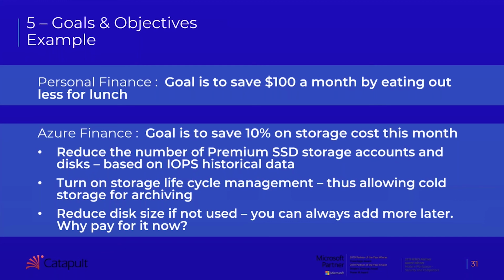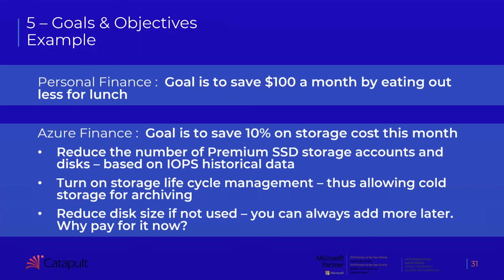And also, reduce disk size if not used, right? That's the thing though. It's like, hey, we think we need 2 terabytes. Great, 2 terabytes maybe a year or 2 from now. Why would you allocate 2 terabytes now if your database size is only 300 or 400 gig? So the goal is to make sure you right size the disk, because the beauty of this is that you can always grow it. It's very fast. Our team got good at doing that.